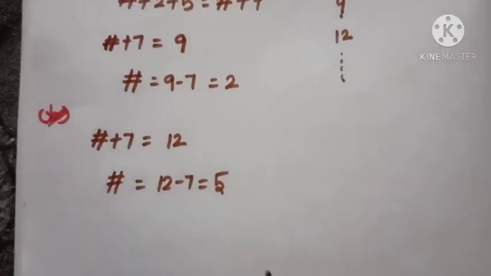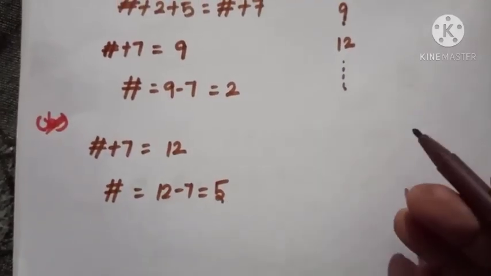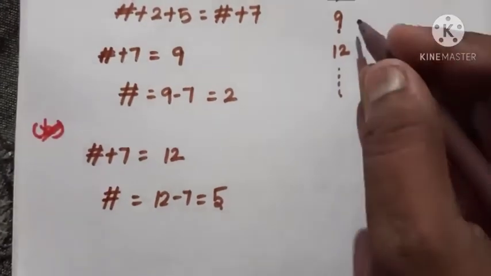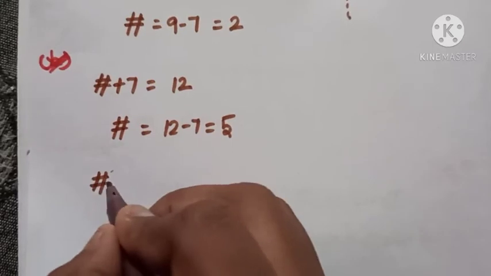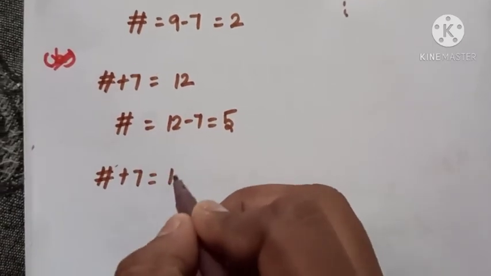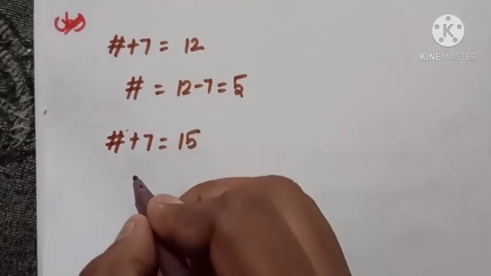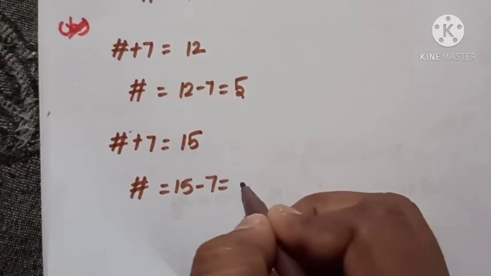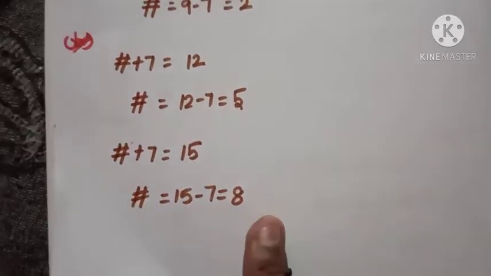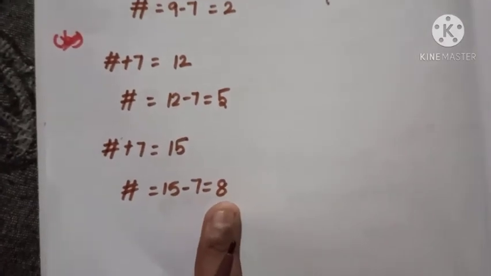So 5 is another possibility. The next one is 15. Ash plus 7 is 15, so 15 minus 7 is equal to 8. So 8 is also one of the possible values.